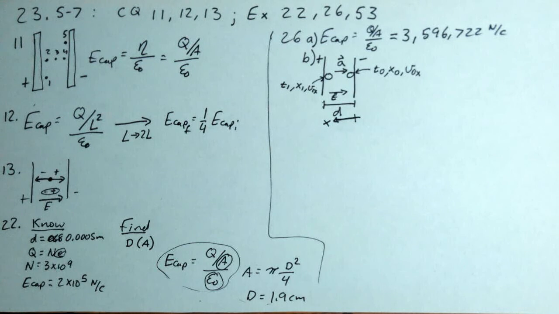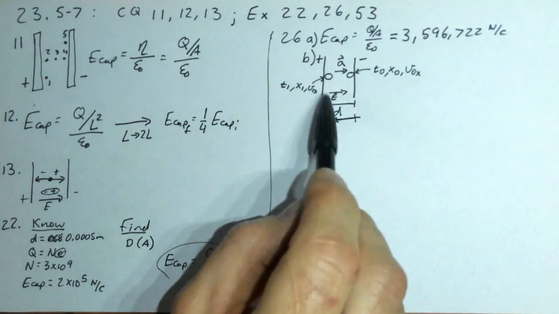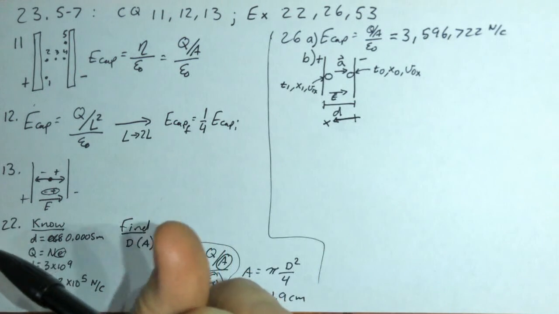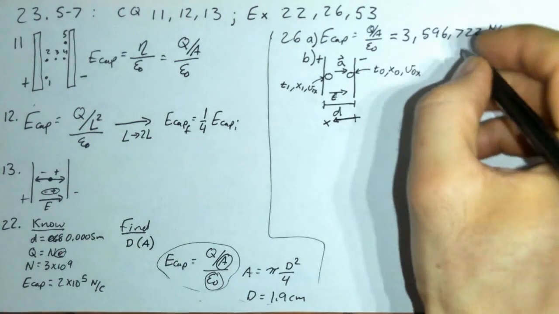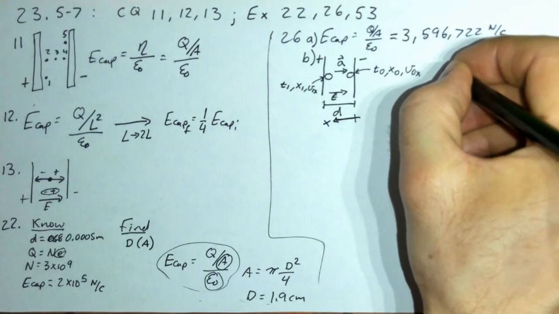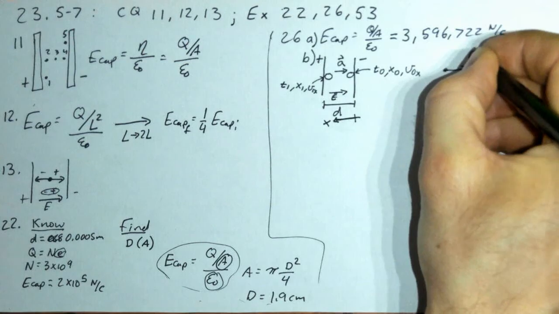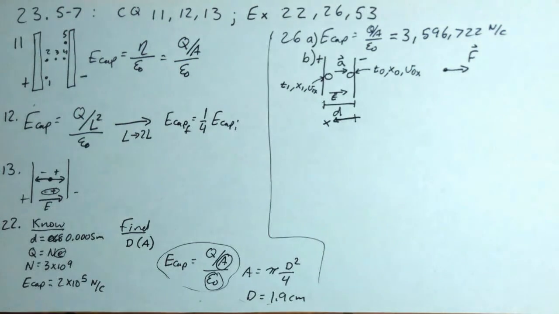Now the big connecting thing here is how is the acceleration connected to the electric field? That comes back to forces. We know the force must be that way. This would be my free body diagram, and I have only one force, and it is a Coulomb force.